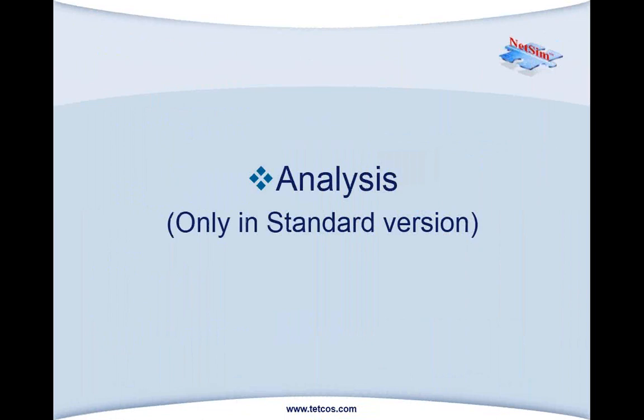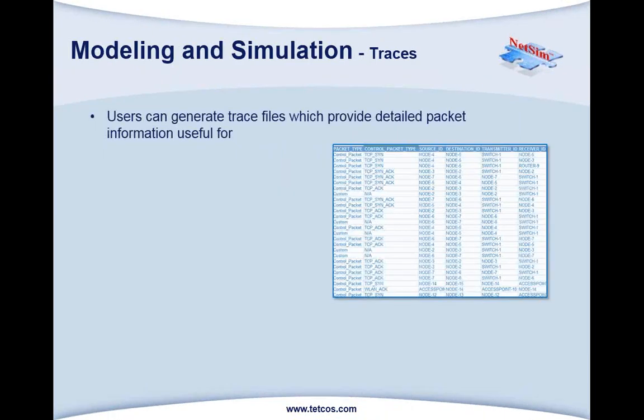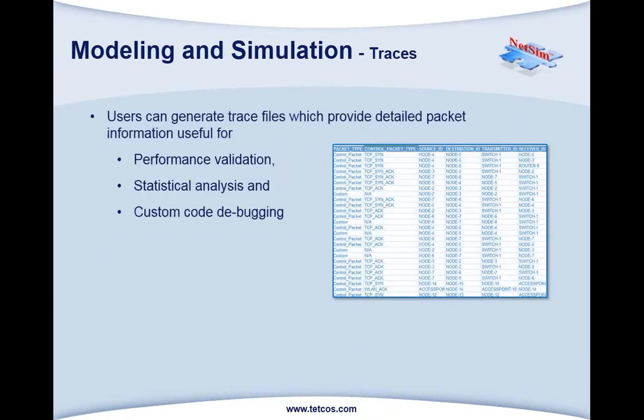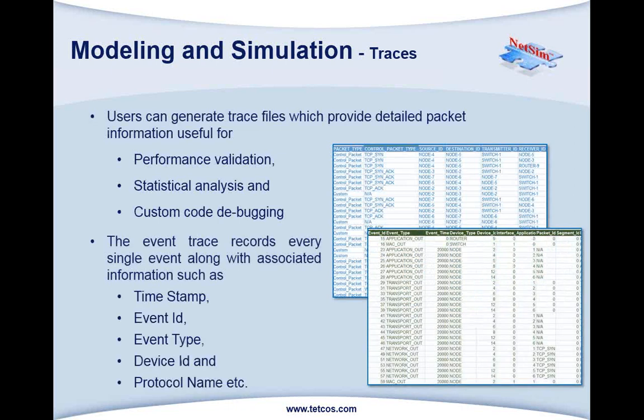Then only in standard version. These are the analyses which are exclusively available in standard version. Traces. We have two kinds of traces here. One is packet trace and one is event trace. In packet trace, we have some parameters like performance validation, statistical analysis, and custom code debugging.